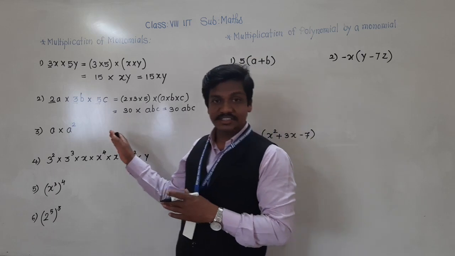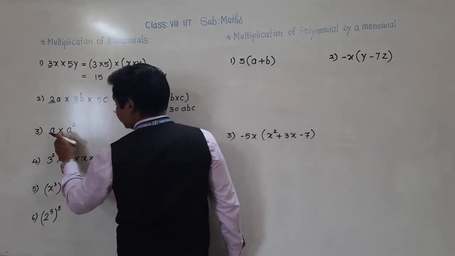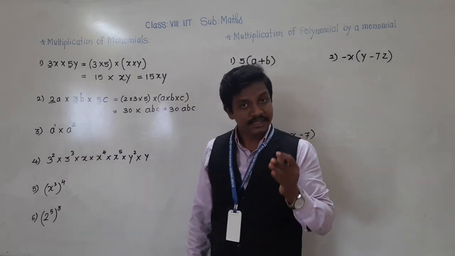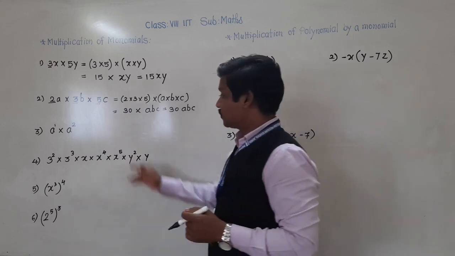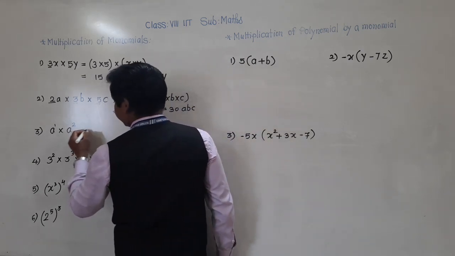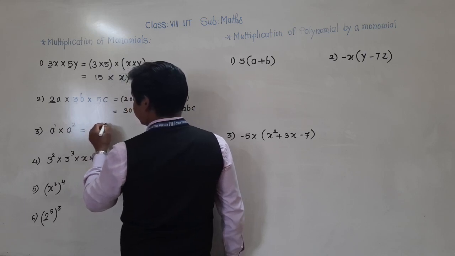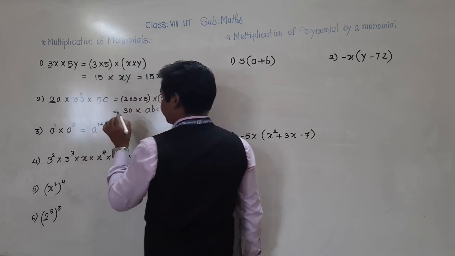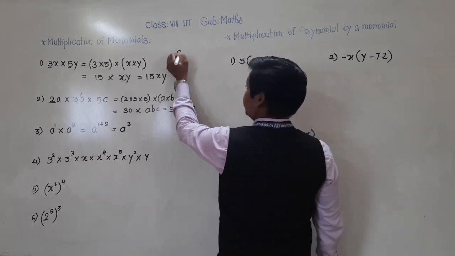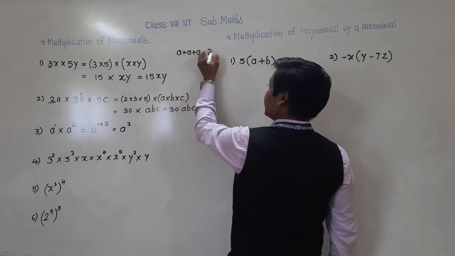Do you remember such examples we have seen in the second chapter, exponents? When bases are same and there is multiplication, what to do with the exponents? We add the exponents, correct? So to find the product of a into a raised to 2, simply write a, keep the base as it is, and add the exponents. So a raised to 3. Understood? See here, a plus a plus a, 3a.